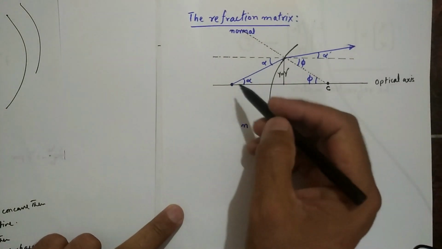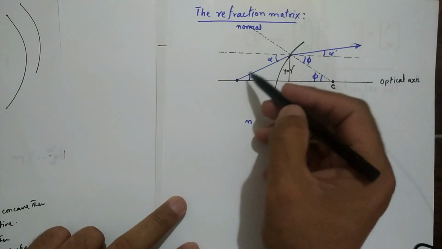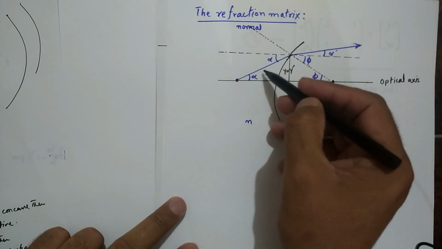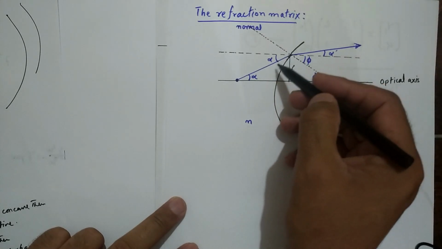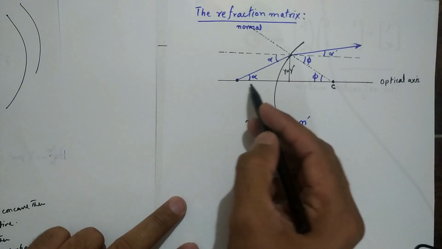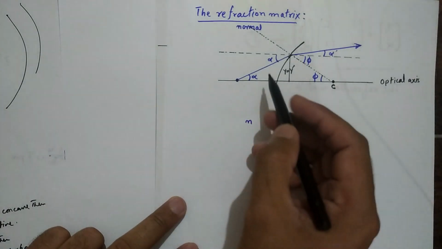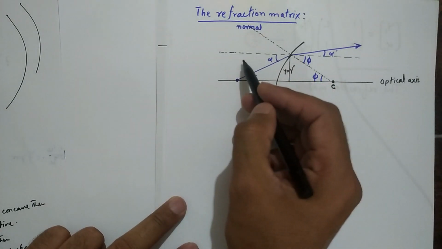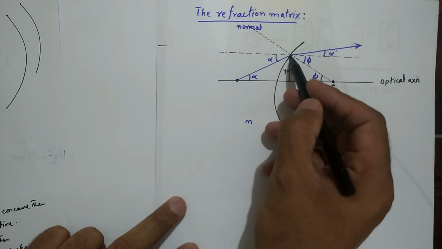Consider this point object. Let's suppose a ray of light is going through in this direction and it makes an angle alpha with the optical axis as shown in the figure. When the ray of light reaches here, at this point the refraction occurs.